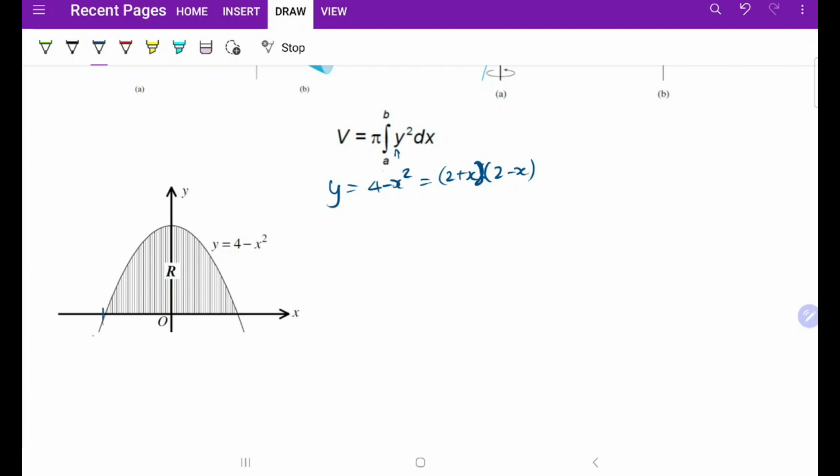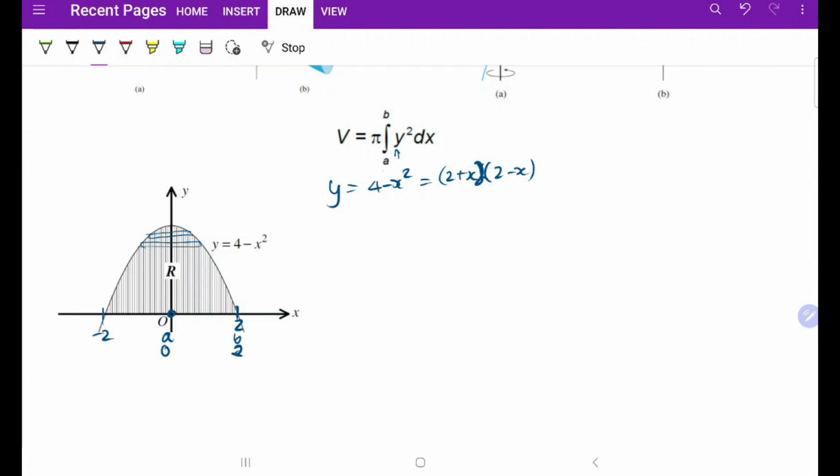So this means that the roots are -2 and 2. But because we can form these disks that I was talking about, those disks will help us calculate the volume. Based off of this being symmetrical about 0, our lower boundary a will be 0, and our upper boundary b will then be 2.